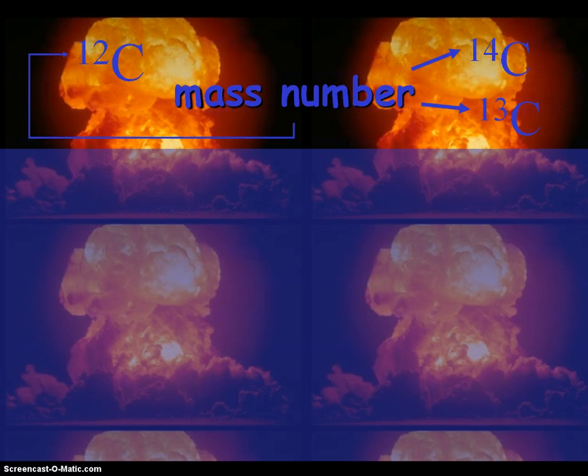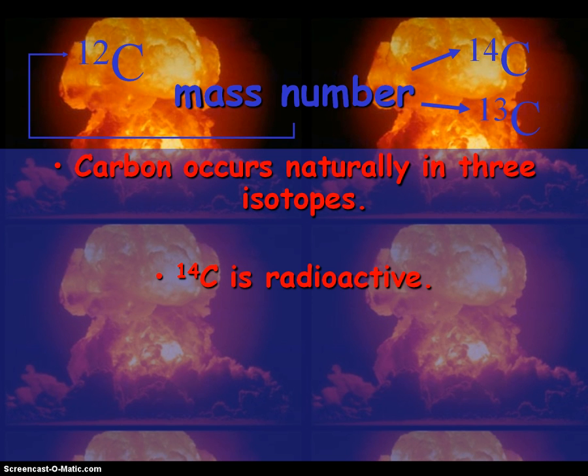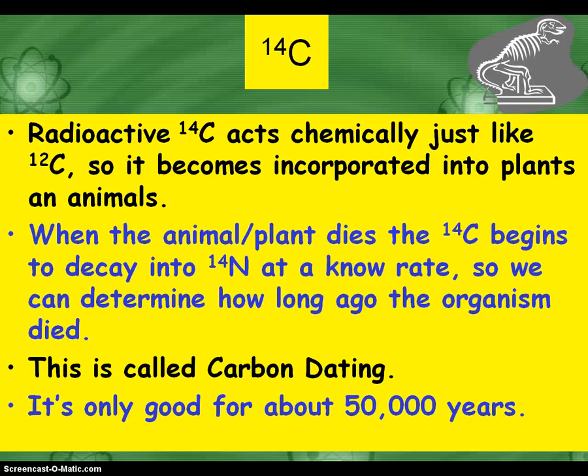Now we use natural radioactive decay in order to age samples. So this is what carbon dating is. Carbon naturally occurs in 3 different isotopes: carbon 12, 13, and 14, and carbon 14 is actually radioactive. It behaves exactly like carbon 12 chemically, but it is radioactive and will decay over time.